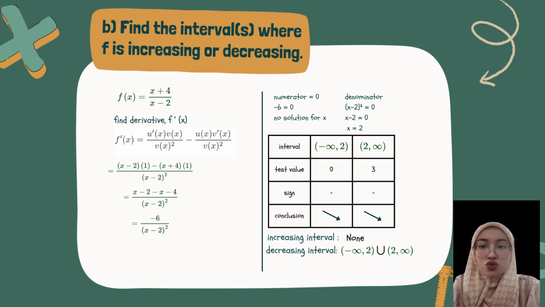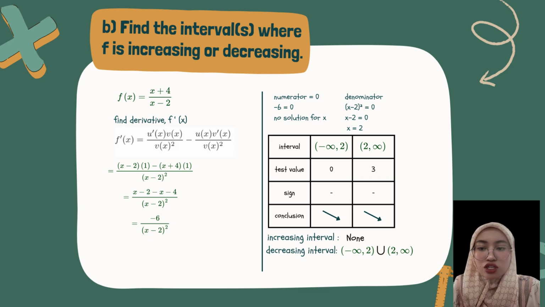Now I'm going to explain how I find the derivative of the function f(x) equal to x plus 4 over x minus 2. First, I will find the derivative of f(x) using the quotient rule formula. In our function, u(x) is the numerator, which is x plus 4, and v(x) is the denominator, x minus 2.